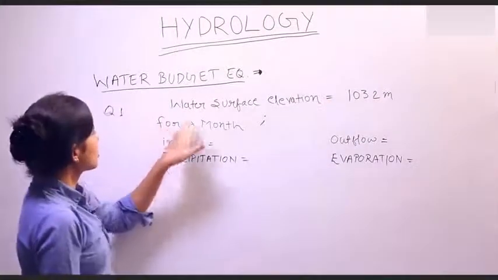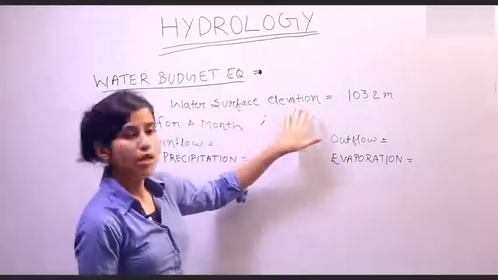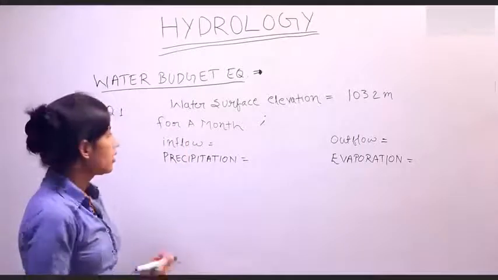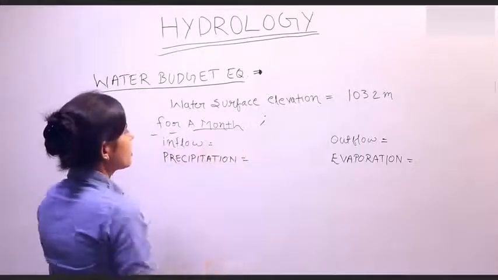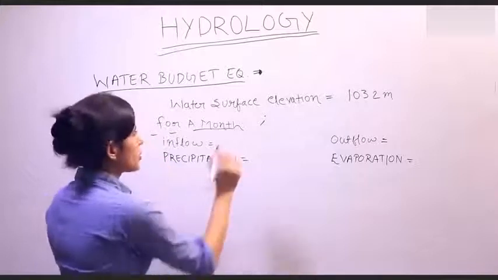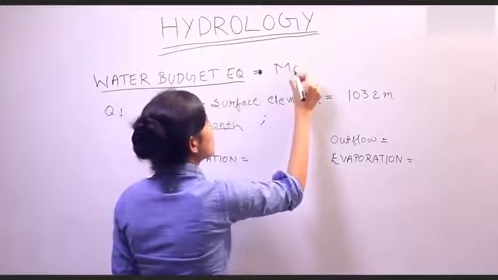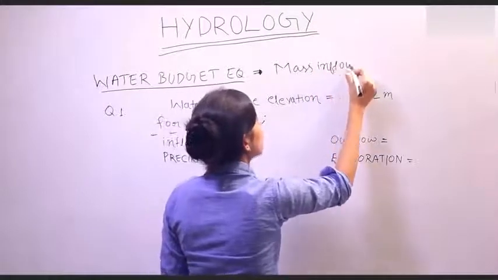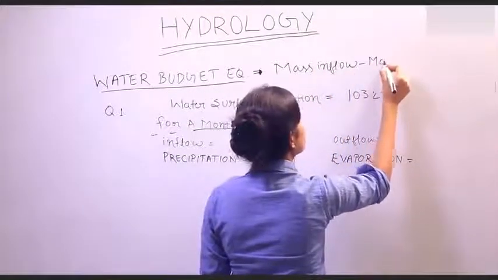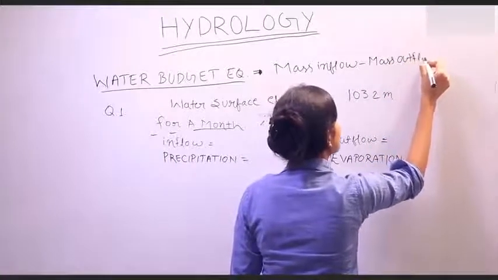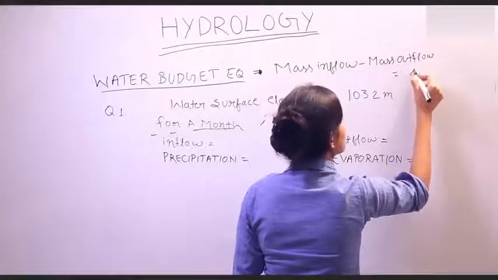At the start, we can say that water surface elevation for a lake is 103.2 meter. So after a month, what would be the water surface elevation? We can calculate on the basis of the water budget equation, that is mass inflow minus mass outflow is equal to change in storage.